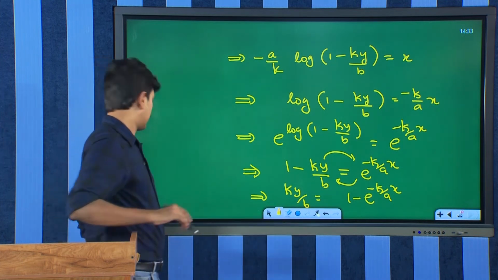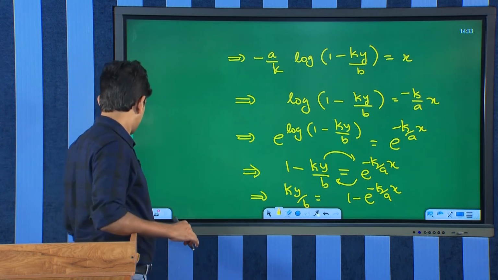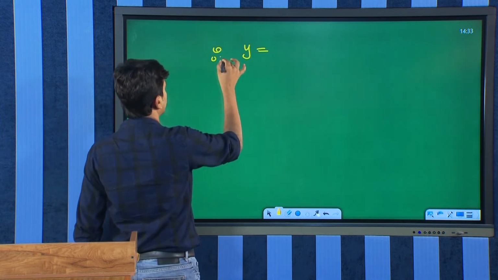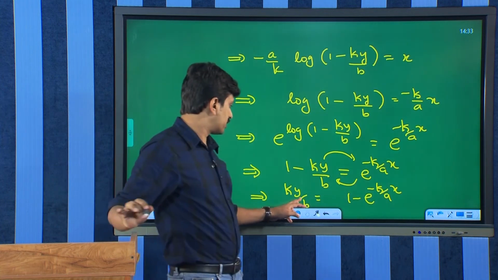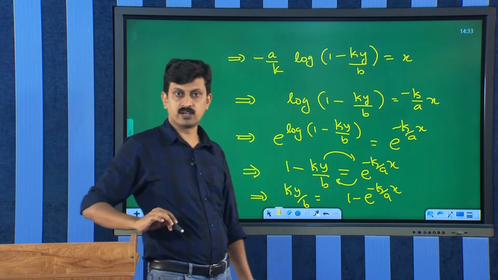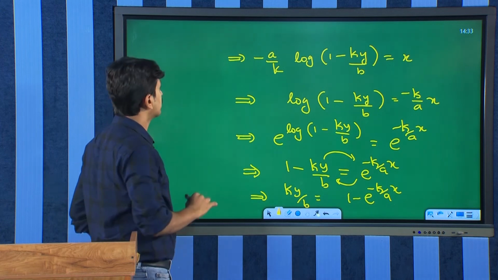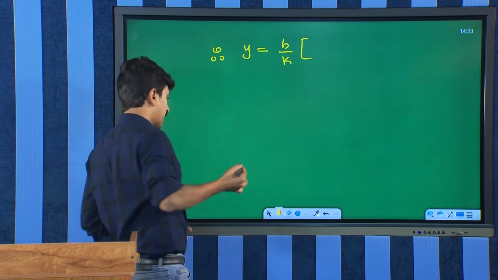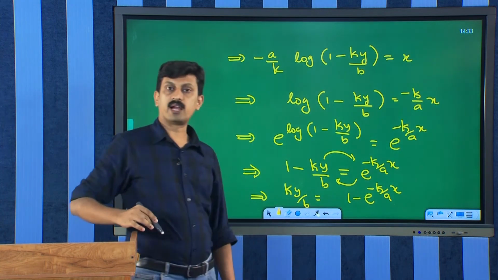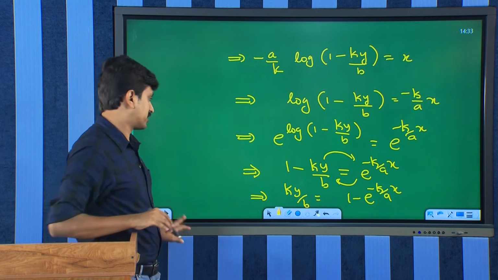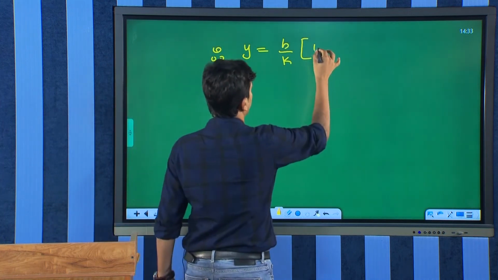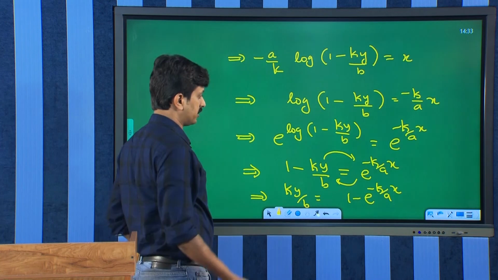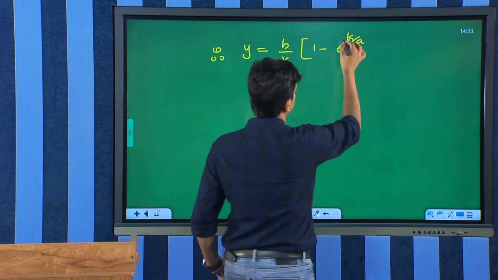Therefore, y is equal to b by k into 1 minus e raised to minus k by a x.